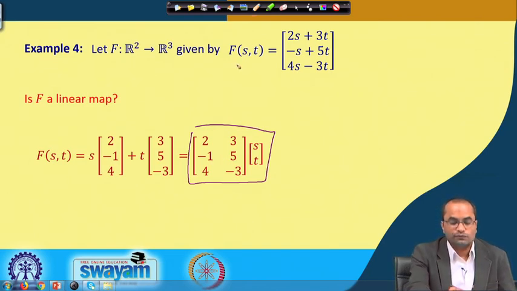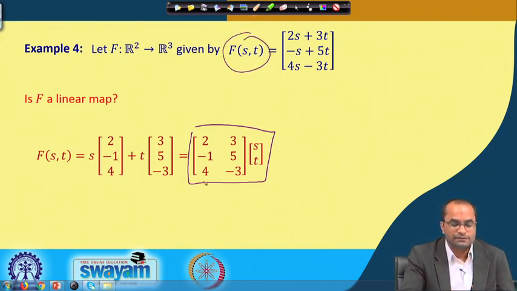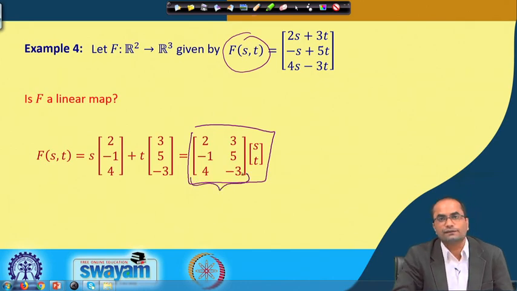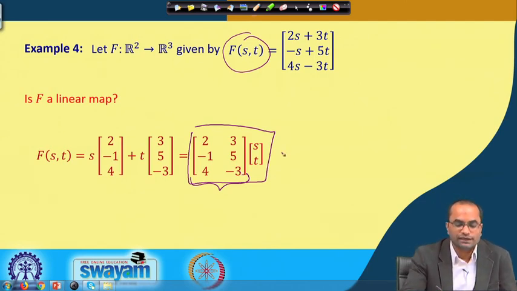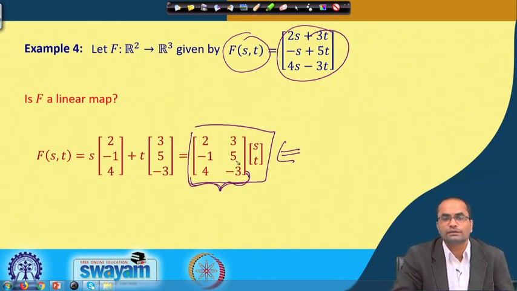So, this f, the given map, is nothing but this matrix here, and what we have seen is that these matrices are linear maps. So, we do not have to check anything else, because we can write this in terms of the matrix, and therefore, this has to be a linear map.